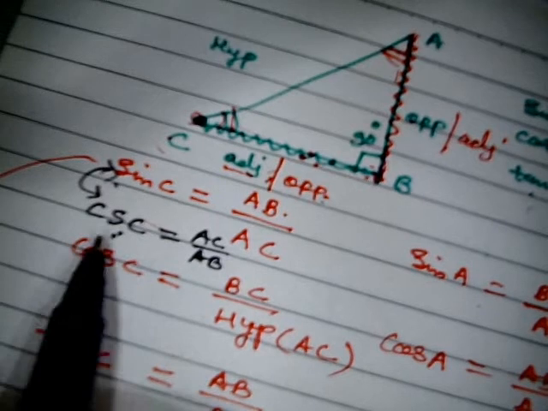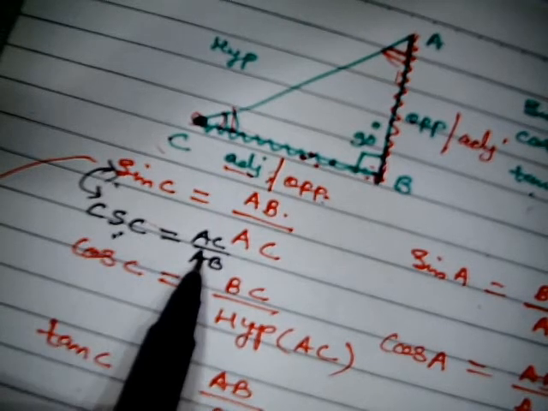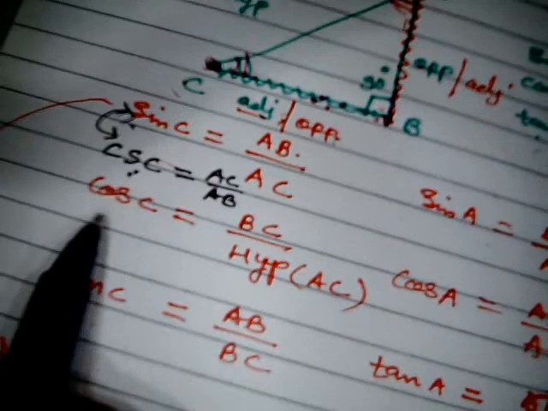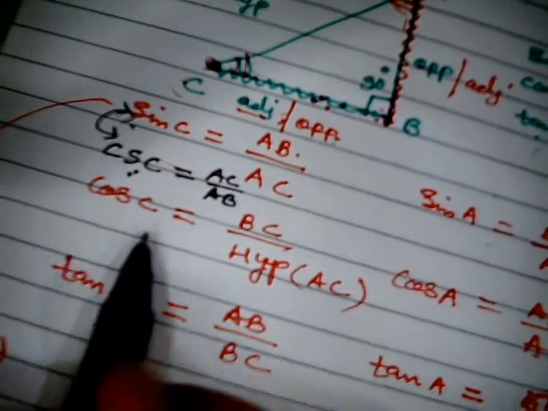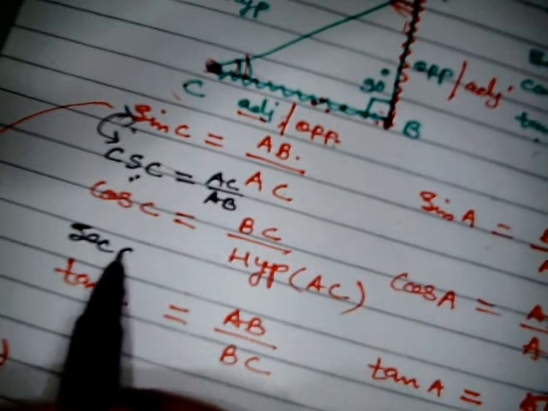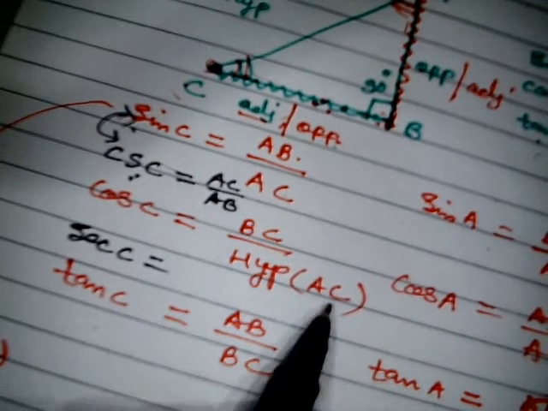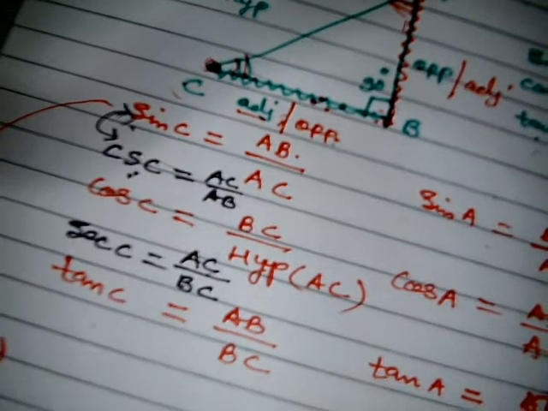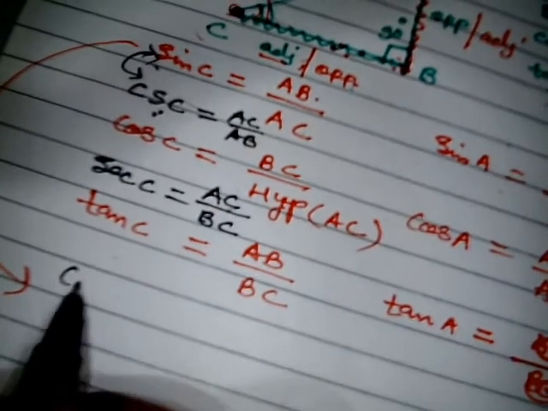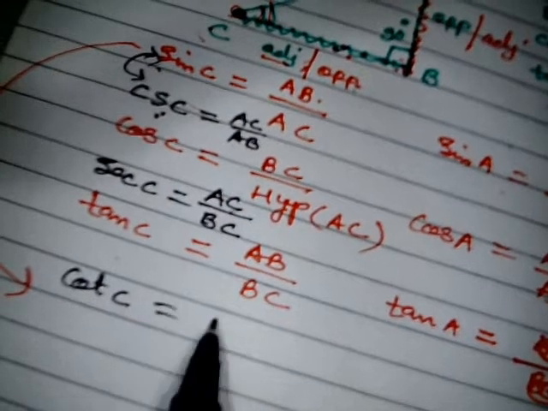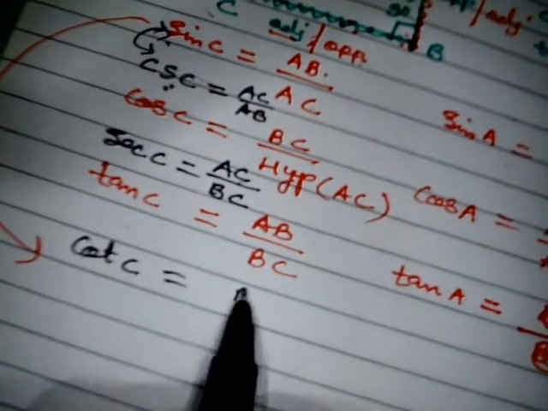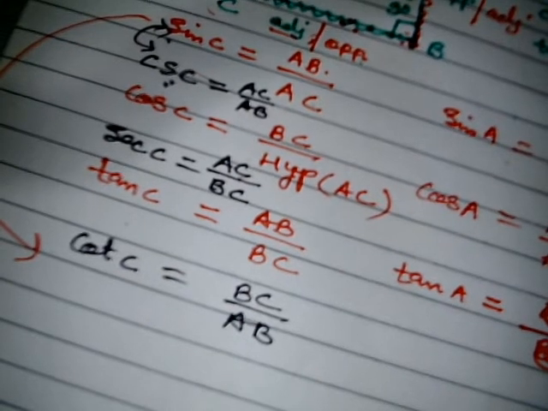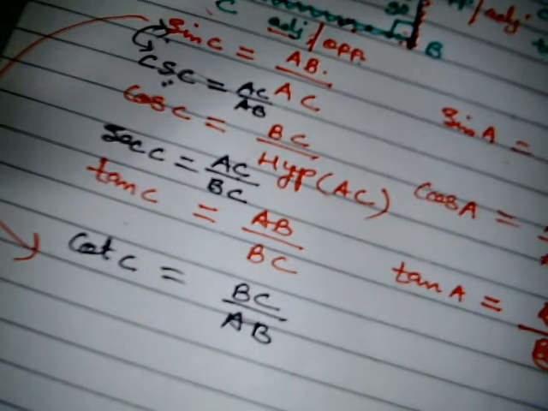Now if your cos is known, then you can calculate sec. So sec C is going to be the reverse of this, so you need to flip this: AC upon BC. Okay, now if you know tan, you can calculate cot. Cot is the inverse of tan, so BC upon AB. So any three you need to learn, and with the help of that you can calculate the remaining three. So there are 6 trigonometric functions: sine, cos, tan, cot, sec and cosec.